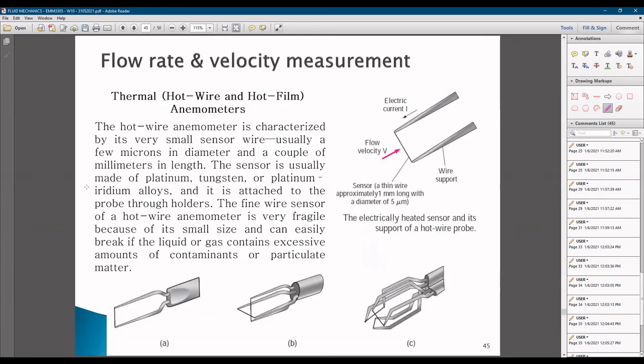And we also have the hot wire anemometer, which is characterized by its very small sensor at the front here. I used this device when I worked on my final year project, sometime in the early 2000s. At that time, we developed an in-house, complete, small open loop wind tunnel.